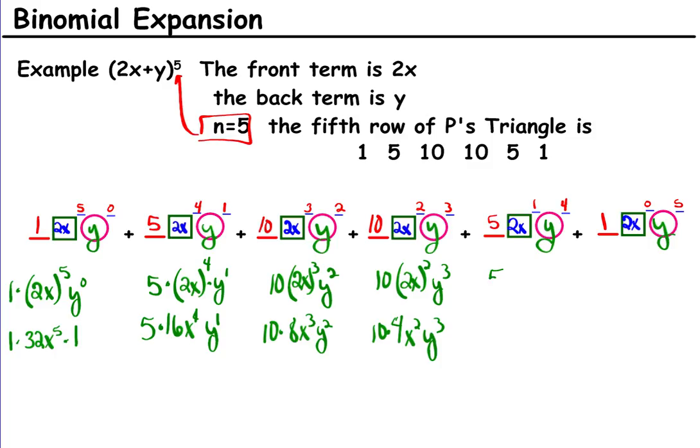Okay, this is 5 times 2x to the 1st power, y to the 4th power, which is 5 times 2x, y to the 4th. And here comes the last term. This is 1 times 2x to the 0 power, y to the 5th power, and anything raised to the 0 power is 1.